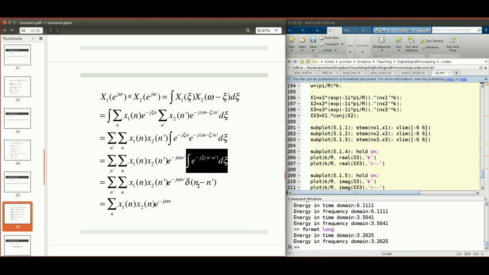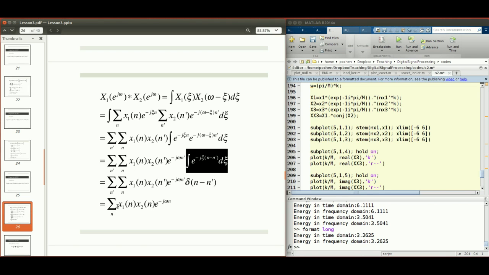So it's an impulse that has been shifted by n prime, and then you have a summation over n prime, right? Which means over the summation of all the possible n prime, there's only one value that actually has a contribution, which is at n prime equals n. So in this case, you can replace n prime with n.